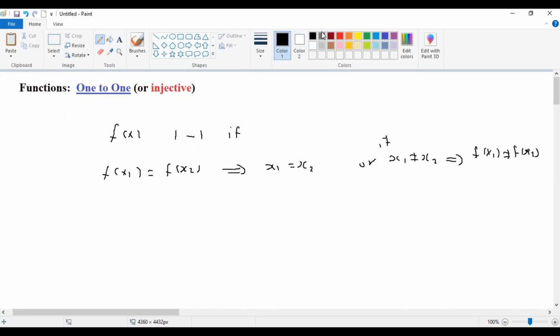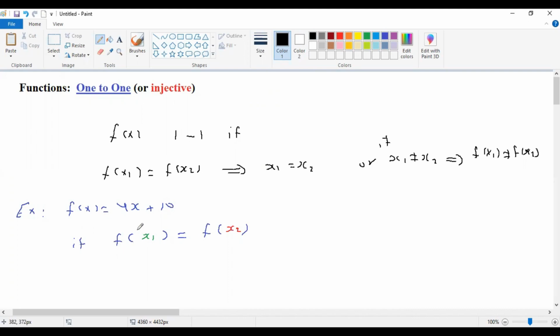Okay, now an example. If we have f of x is equal to 4x plus 10. Now if f of x1 equal to f of x2, what is f of x1?